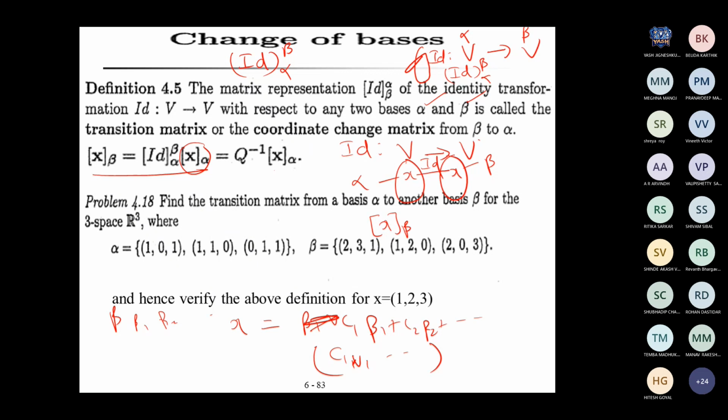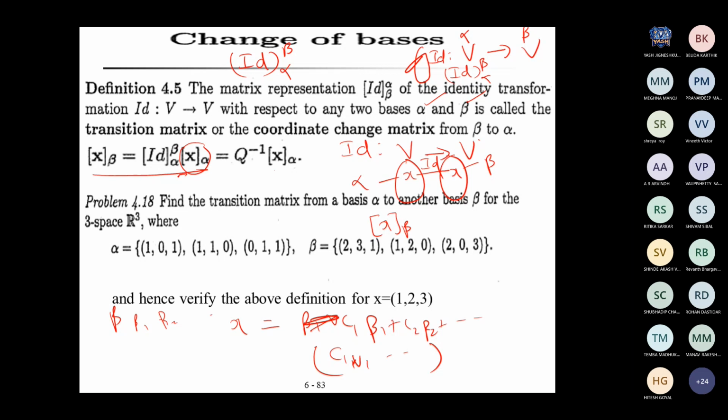So here you have two bases, alpha and beta. So ID alpha to beta is the associated matrix when we move from alpha to beta under the identity transformation. And this is particularly called the transition matrix because there is a transition. Transition means change, right? A change from one basis to another.